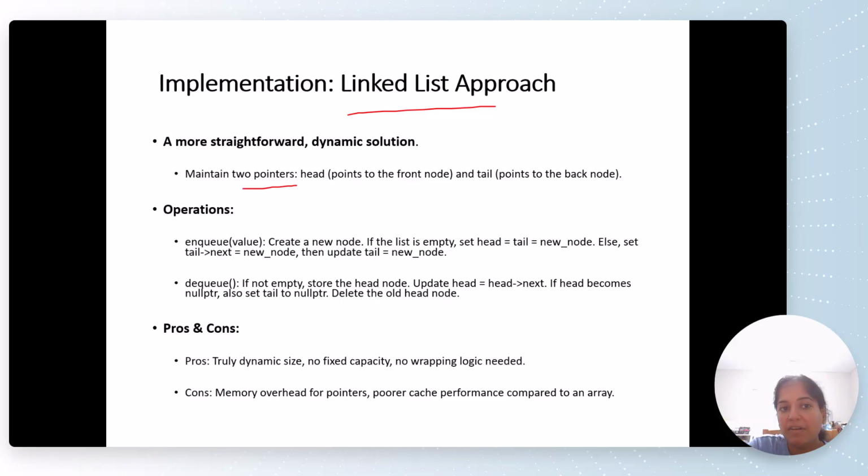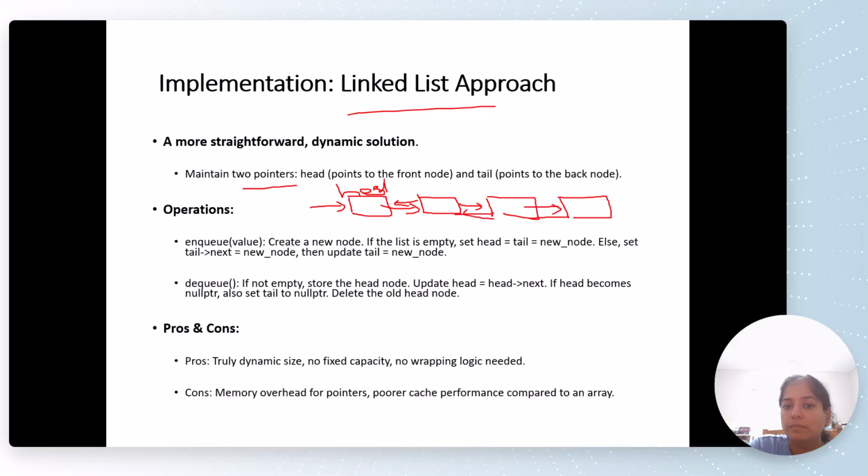Again, we have two pointers here. One is the head. If this is my linked list to implement the queue, this is the head node, and this is the tail node. The last node is called the tail node, which points to the back node. Whenever you need to insert one more element, you insert at the tail position.